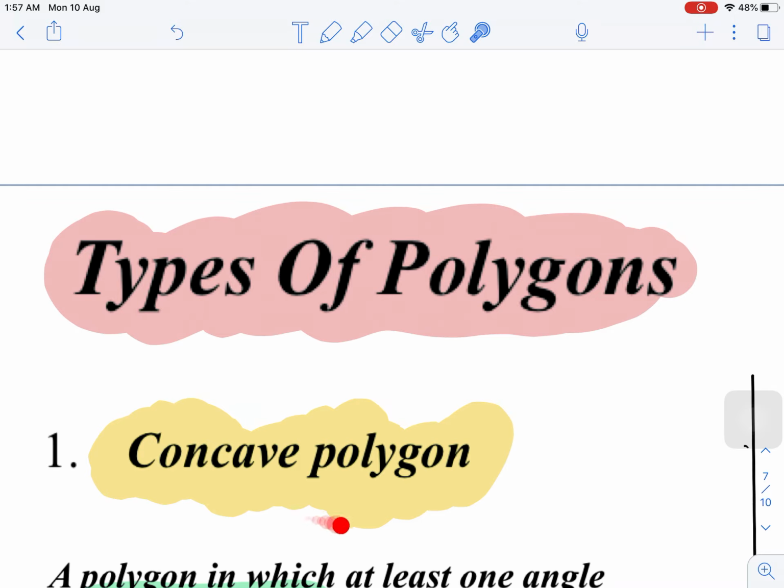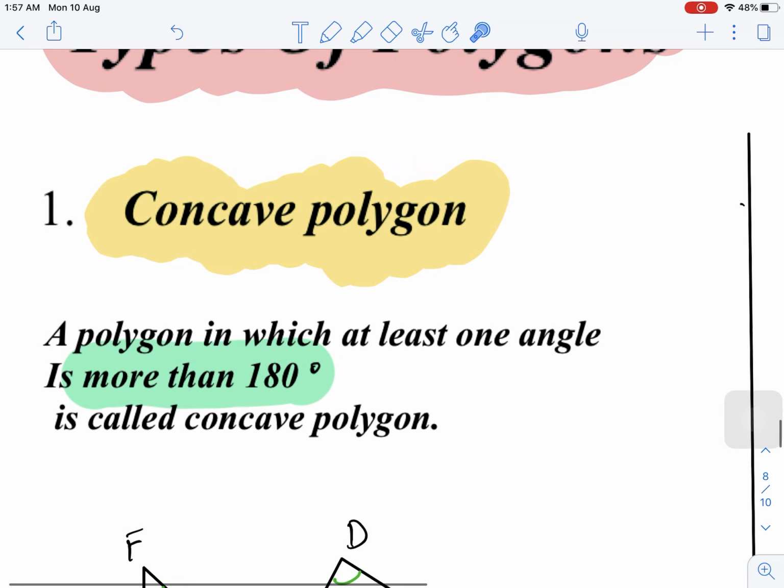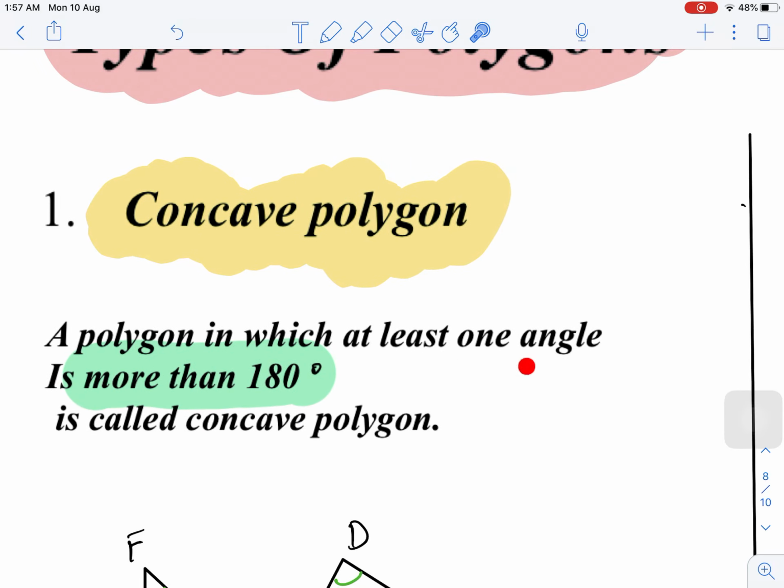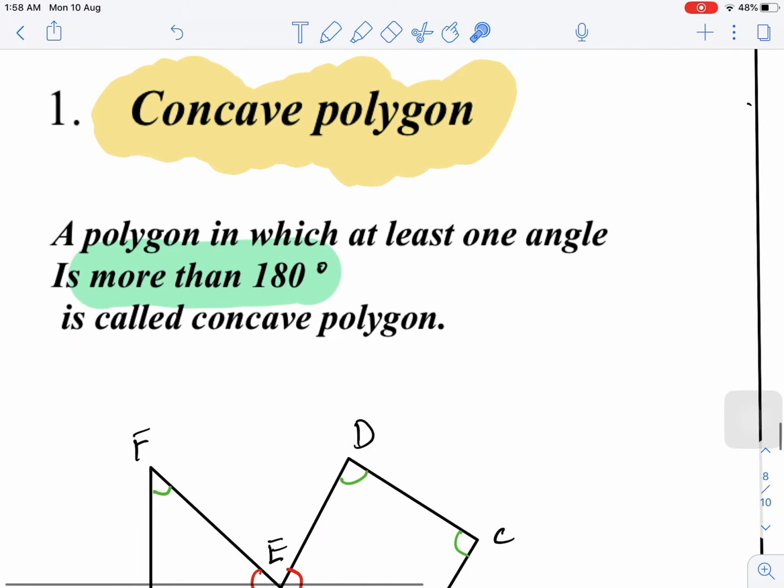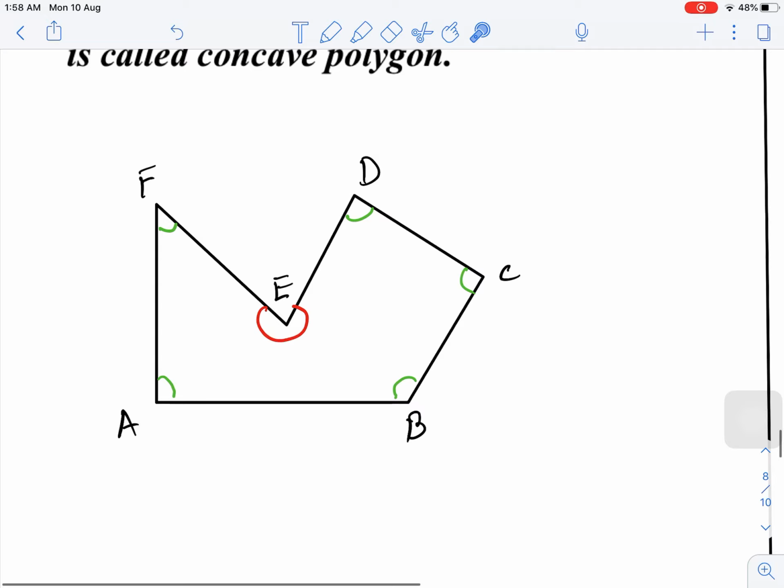Now a concave polygon means a polygon in which at least one of the angles is more than 180 degrees. For example, if you look at this figure, it has 1 2 3 4 5 6 sides. So what must be the name of this figure if it has six sides? Yes, it is a hexagon.